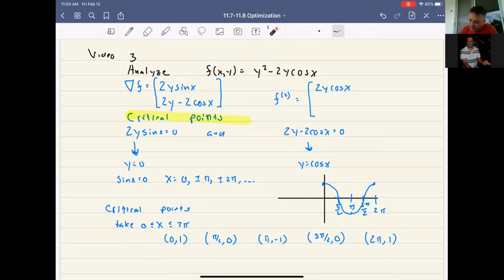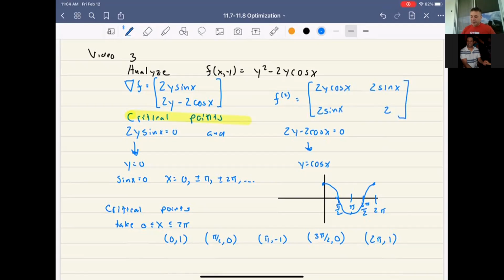The derivative of this with respect to y is just going to be 2 sine x. The derivative of this with respect to x is going to be 2 sine x, which, this is a reasonable function, so these two things are the same. And the derivative of that with respect to y is going to be 2.